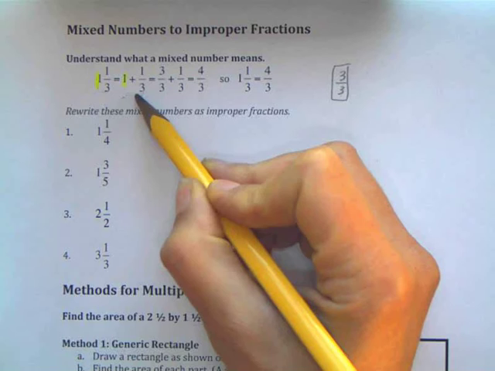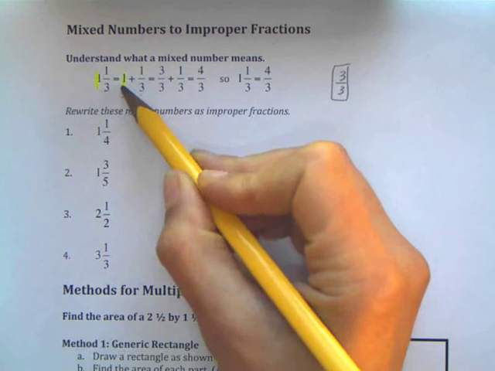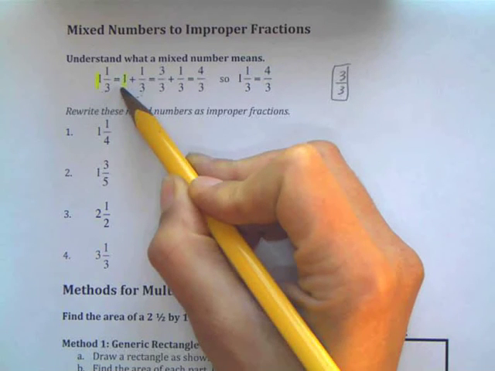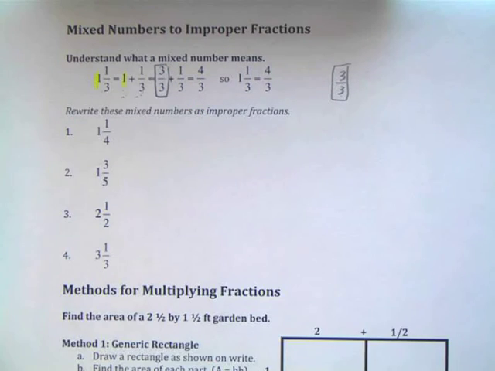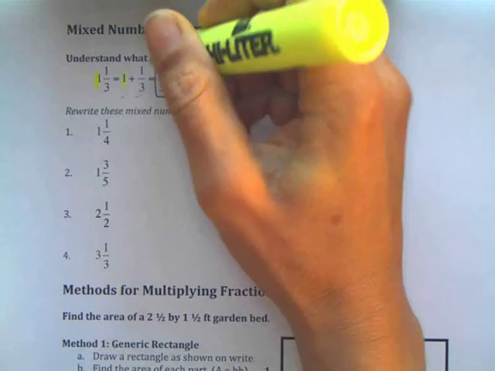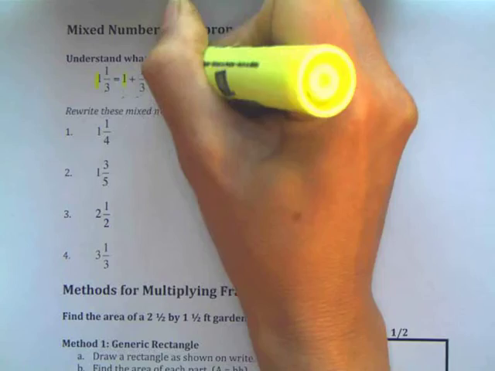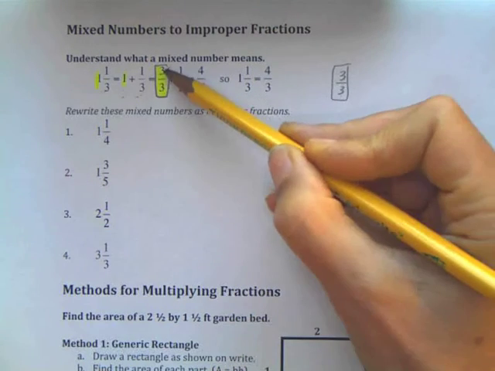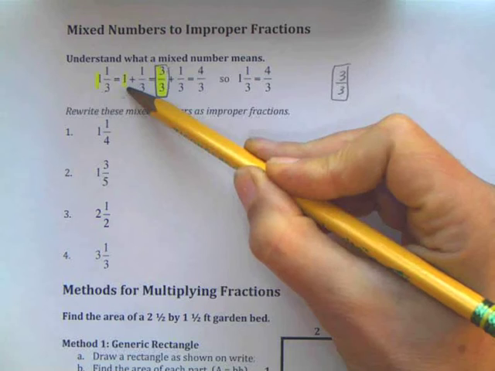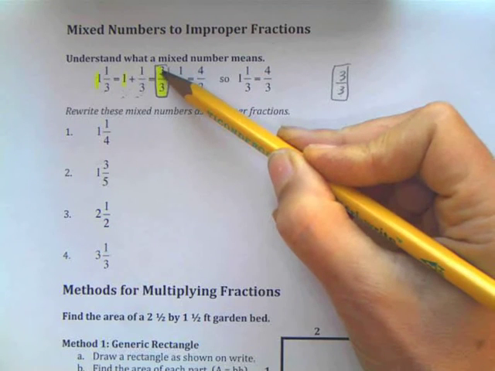In order to add these two together, I'd have to have the same denominator. So I'm going to rewrite this 1 as a mighty 1. So there's my 1 there. And then in its place, instead of writing 1 as just a regular whole number, I'm going to write it as a fraction.